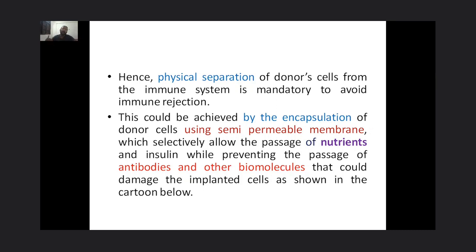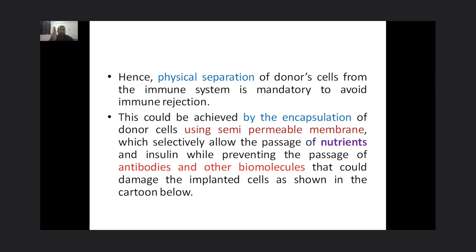So even though the immune system has produced antibodies, this membrane will not allow those antibodies to pass through its barrier. It allows only the nutrients and insulin, and restricts the biomolecules or antibodies that would damage the implanted cells.